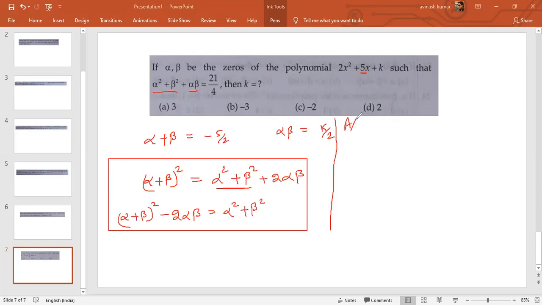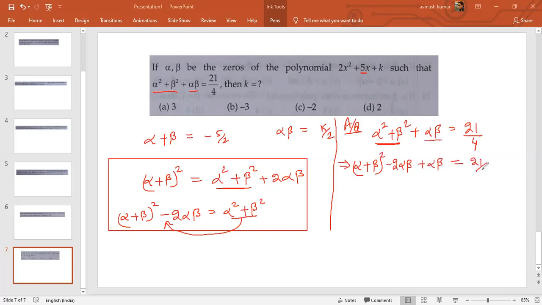Now come for question. According to question, alpha square plus beta square plus alpha beta is equals to 21/4, right? So here is the alpha plus beta, alpha square plus beta square. The formula is this. Put the formula there: minus 2 alpha beta, and this alpha beta you need to write down as it is.